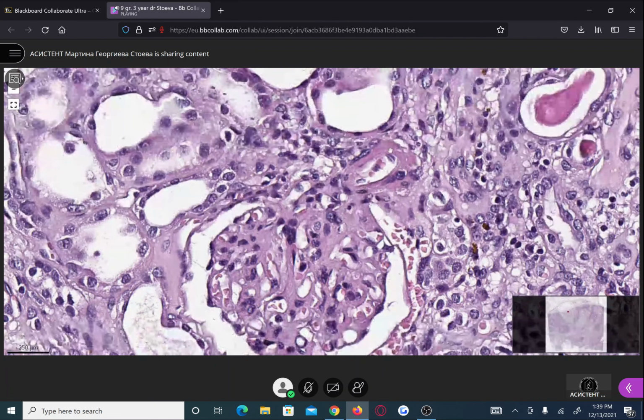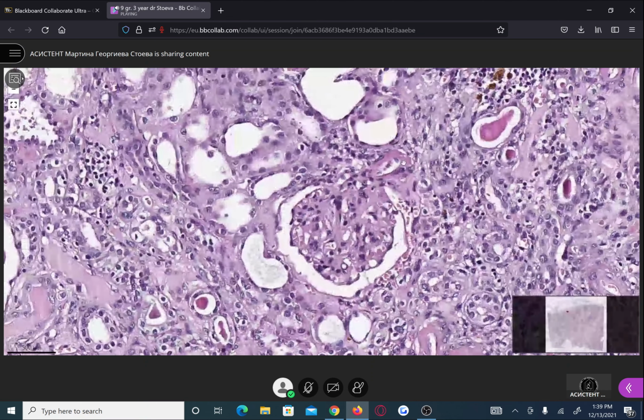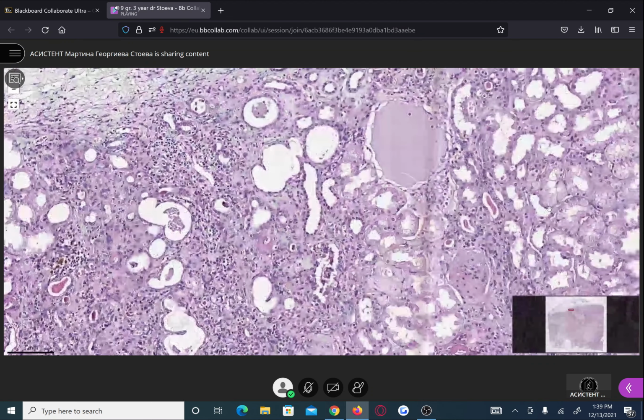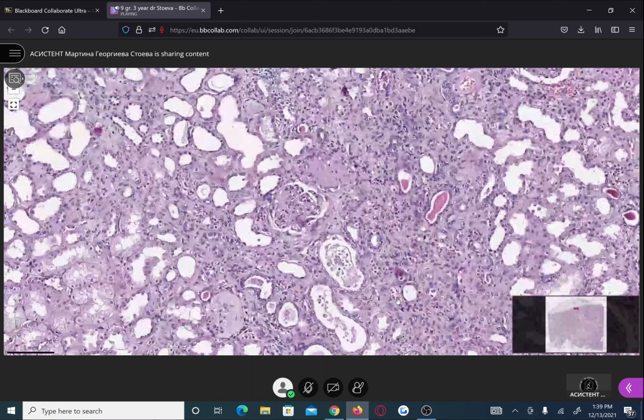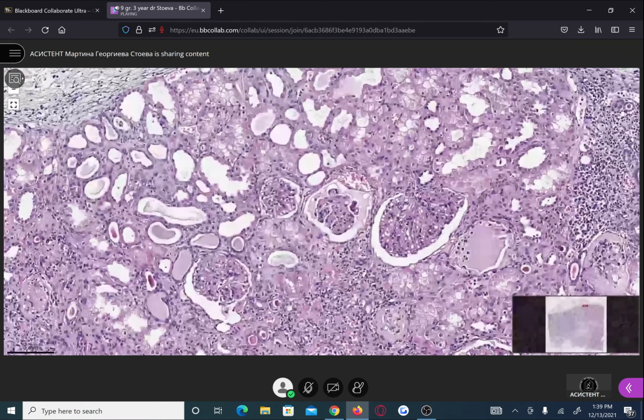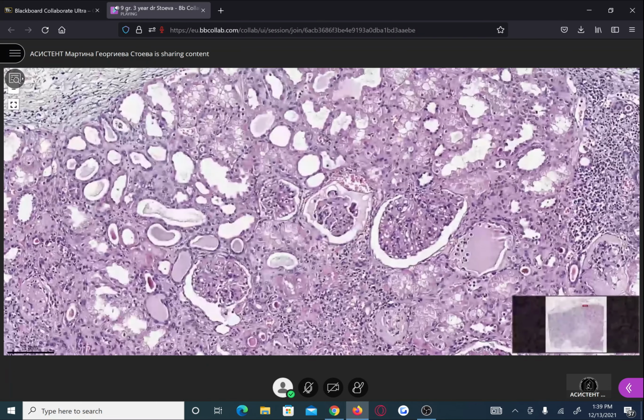If the cause was diabetes mellitus, then both arterioles would be affected by hyalinization. But in both diseases, the process is bilateral, because these are generalized diseases affecting both kidneys.